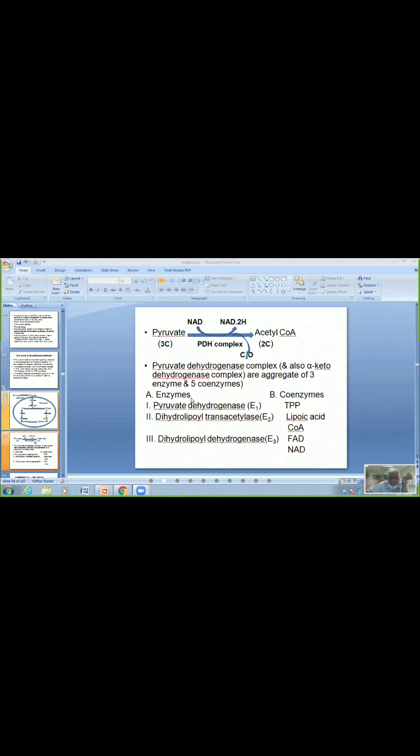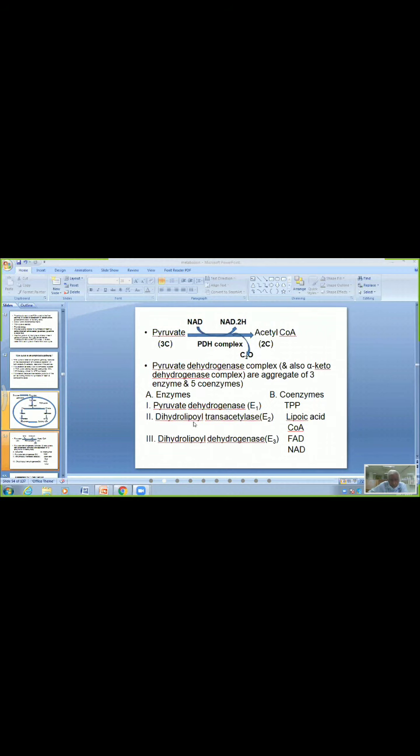The pyruvate dehydrogenase complex is called a complex because it is an aggregate, that means addition, of 3 enzymes. First, pyruvate dehydrogenase. Its coenzyme is thiamine pyrophosphate, which comes from vitamin B1.